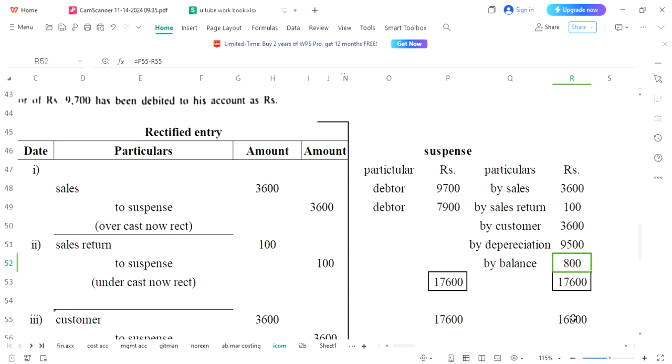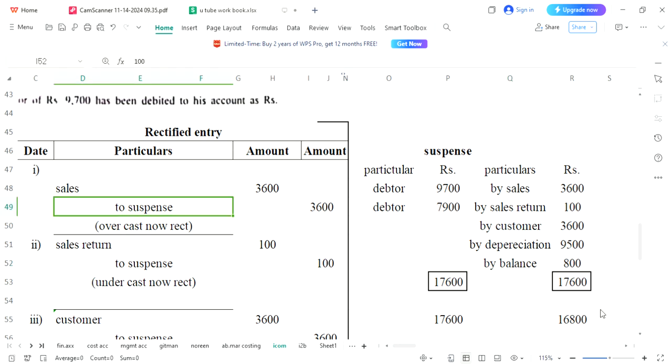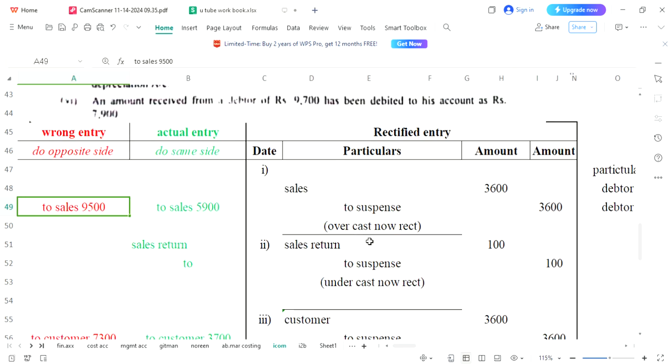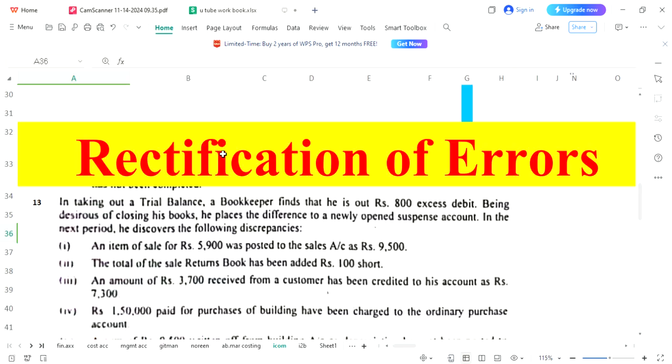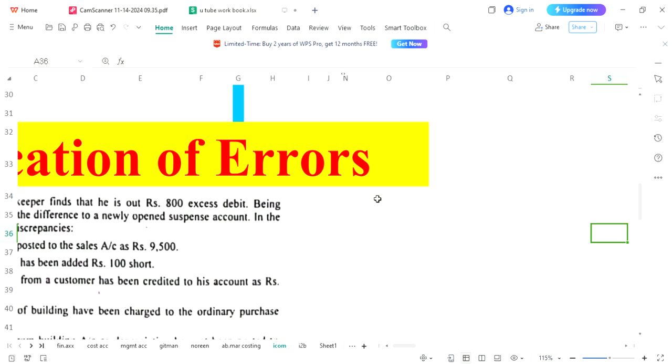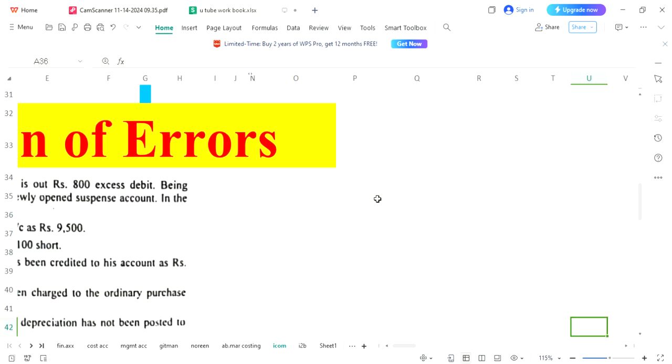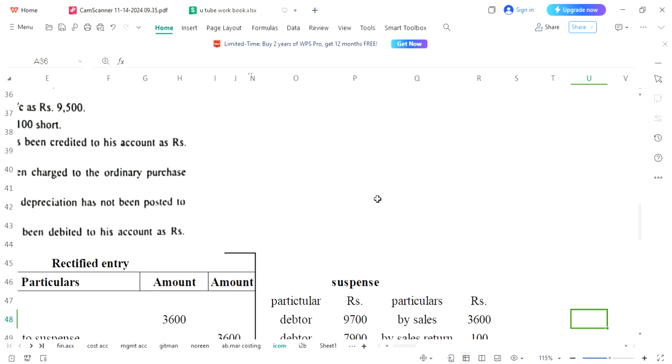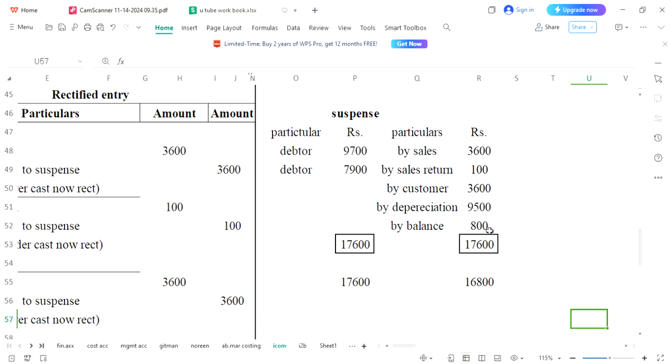Balance is 800, and as it was said, let me show you again, excess debit 800, and what we are doing over here is our ledger, and the answer of our ledger is 800.